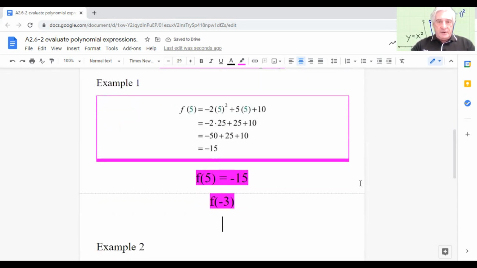Now, what do I have here? F of minus 3 is equal to minus 2 times, we substitute, minus 3 plus, that's squared, right? So put the 2 out there.